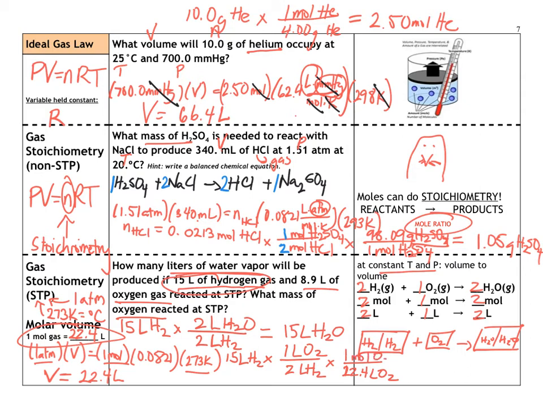So we can convert our liters to moles as long as we're at STP conditions. And in doing so, we then get our mole units of oxygen. And now we're going to convert our moles to grams. There's 32 grams in 1 mole of oxygen, so leaving us with a final answer of 10.7 grams of oxygen.